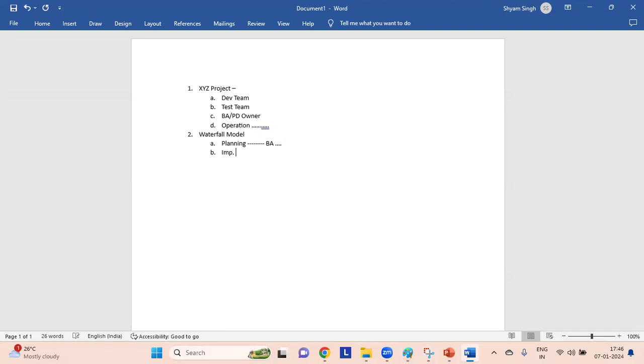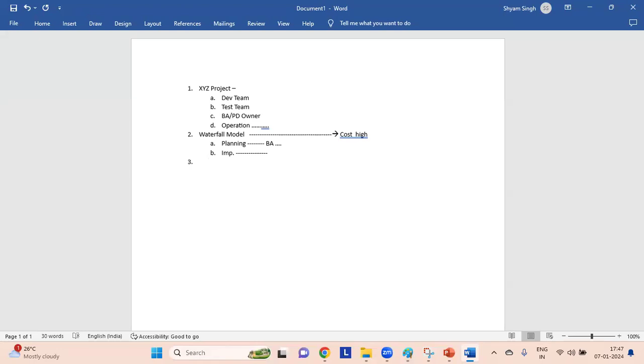So there are many idle persons sitting in the team. Due to that reason, the cost of the waterfall model becomes very high, because the test team and dev team are sitting in the project idle and they are getting the salary. So the cost of the product in the waterfall model is high.